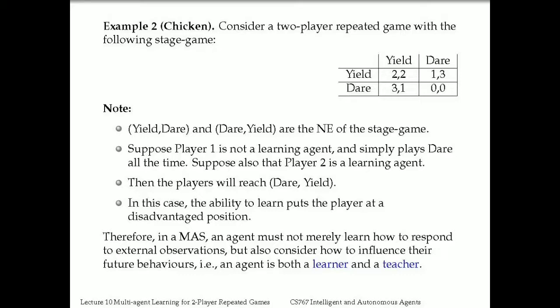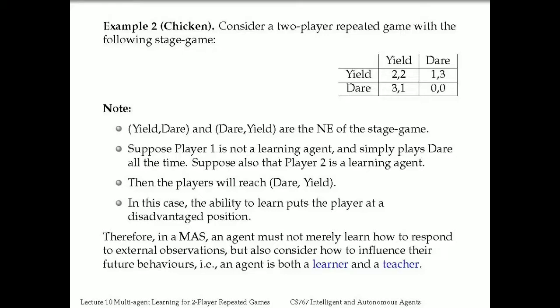But this is not the case here, because after a while, when player 2 realizes that player 1 will only choose to dare, then player 2, being rational, will choose to yield, right? And that means that player 2 will receive a lower payoff than player 1, right?